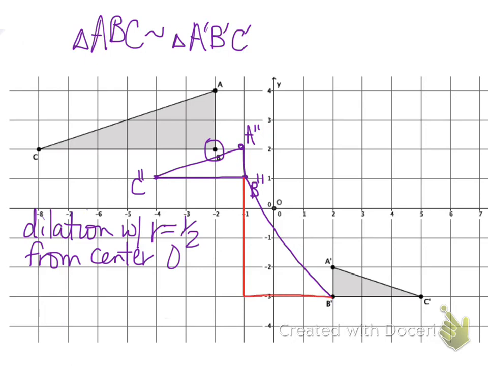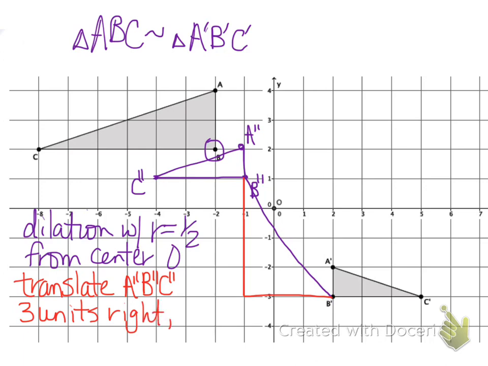So I'm going to translate, this is my next transformation, translate this A double prime, and I'm going to translate 3 units right and 4 units down.